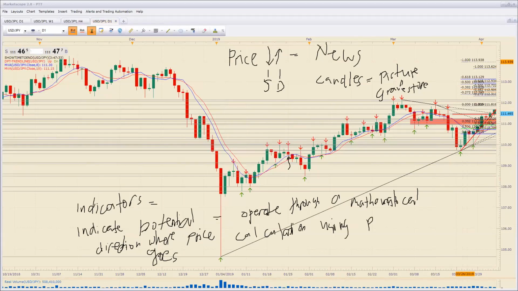That's basically it, right? Yep. So if it is a mathematical calculation using price, then is it lagging or leading? Lagging. Exactly.